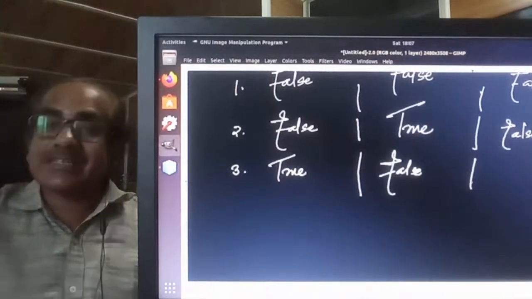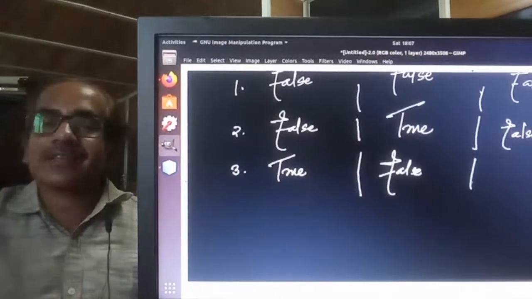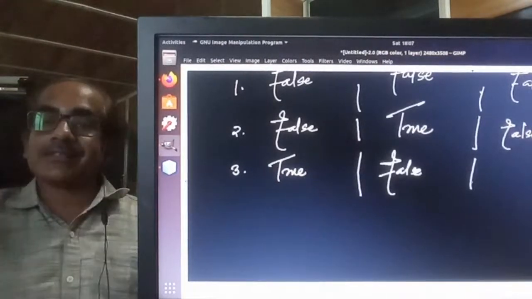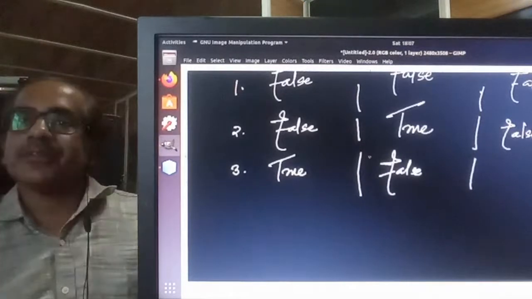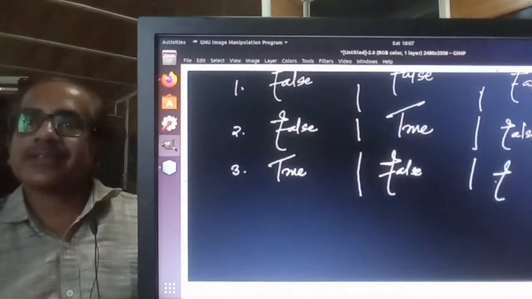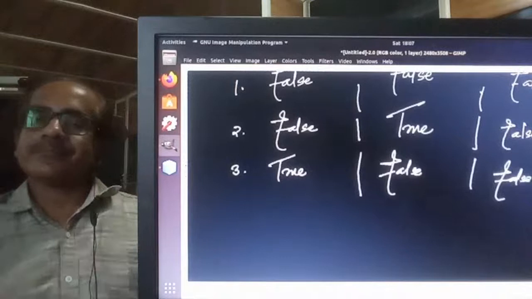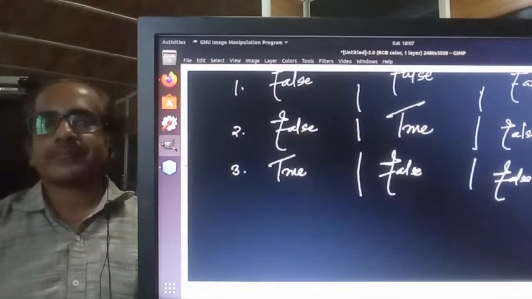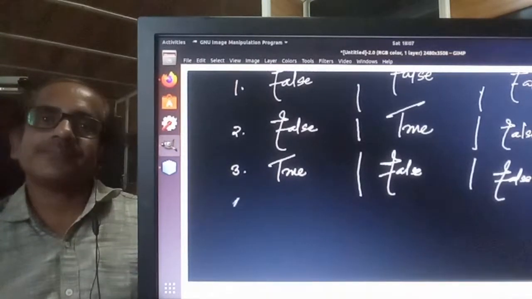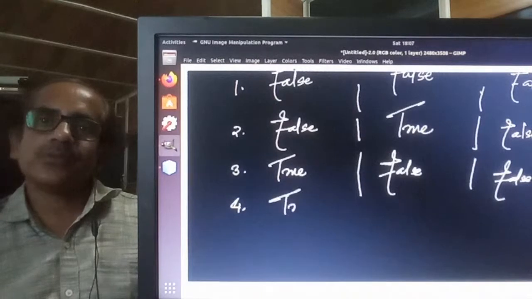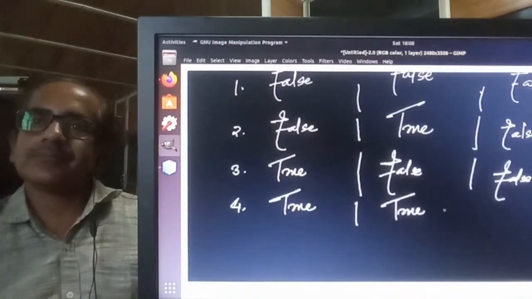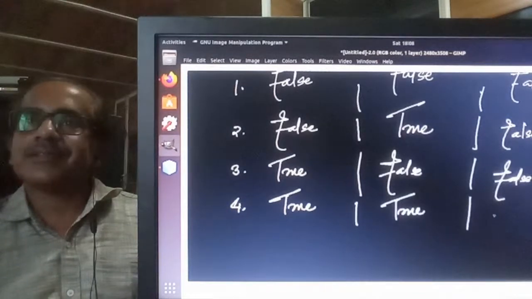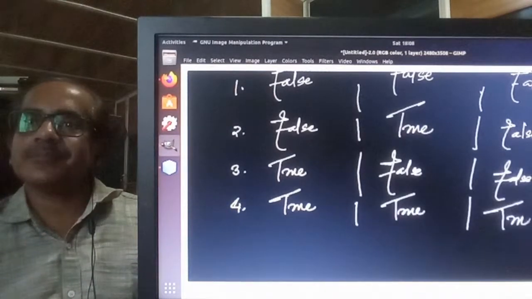This is true, but since net connection is not working, I will not teach computers in class 8. I will not teach Java in class 8. So this will appear false. And fourth is, this is true and this is true, then this will also become true.